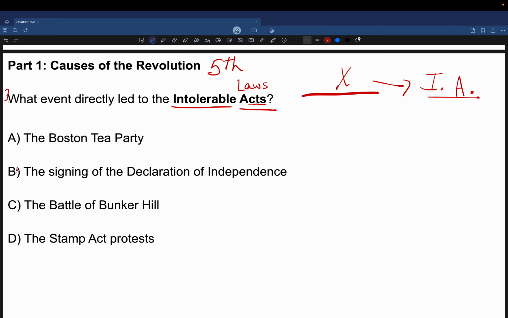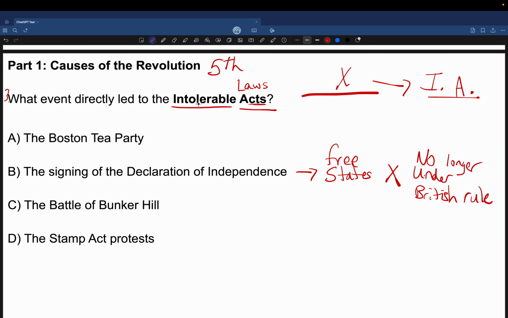Using my historical analysis, I would think, well, why would they pass laws against the colonies after they declared independence? If I know anything about the American Revolution, by the time the Declaration of Independence is signed, the colonies are now independent free states, and they are no longer under British rule. So I would write: no longer under British rule.